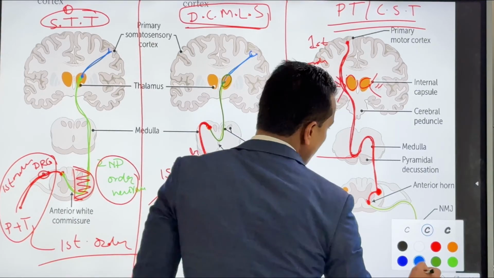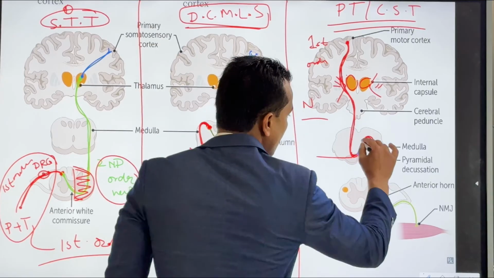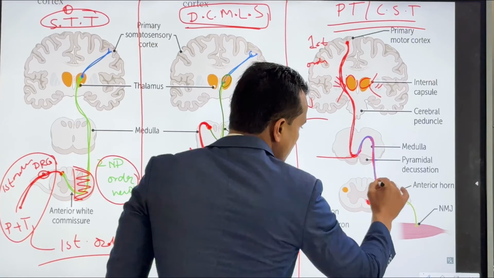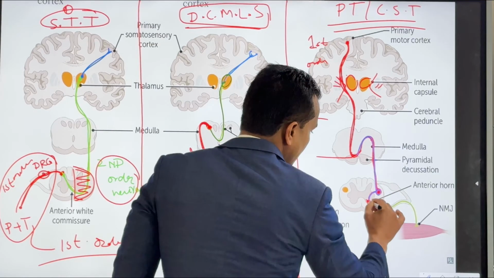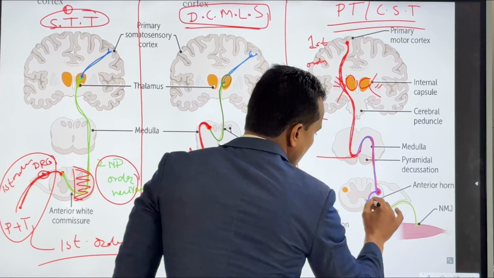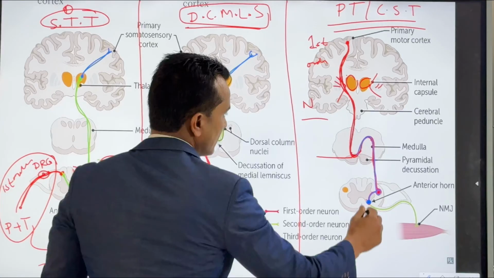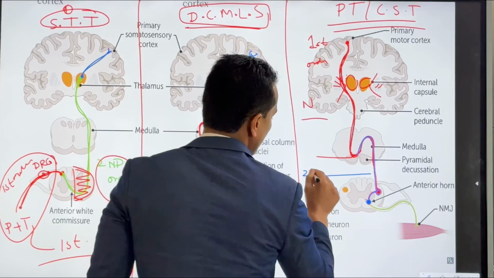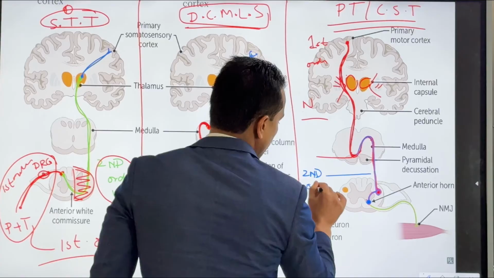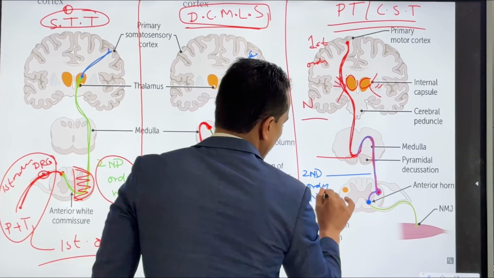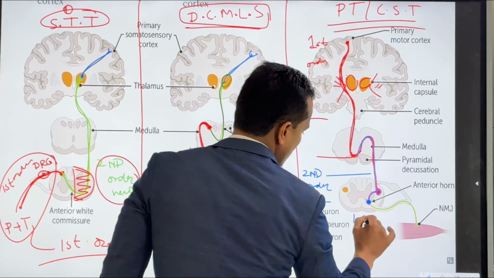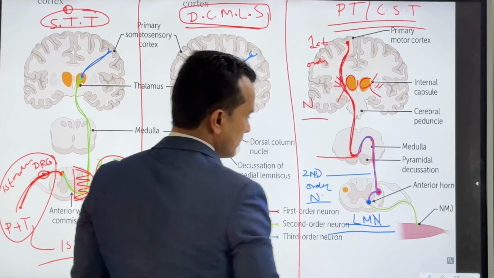You have to understand that after this crossing, the neuron which enters the spinal cord and synapses in the ventral horn is the lower motor neuron. Now this is the second order neuron of the pyramidal tract, also called the lower motor neuron.